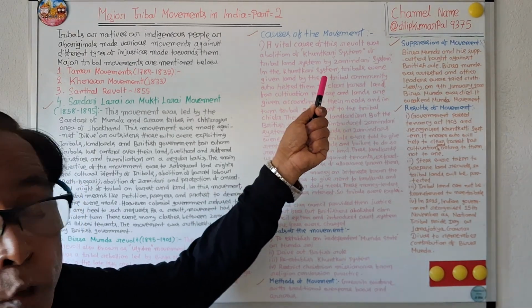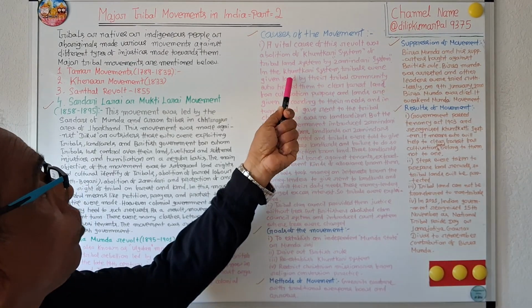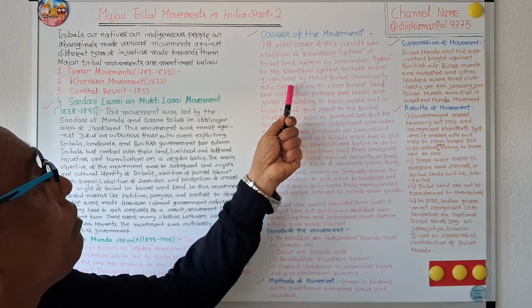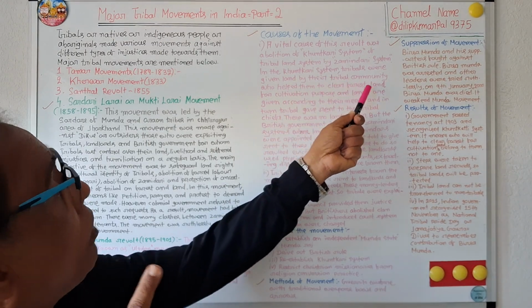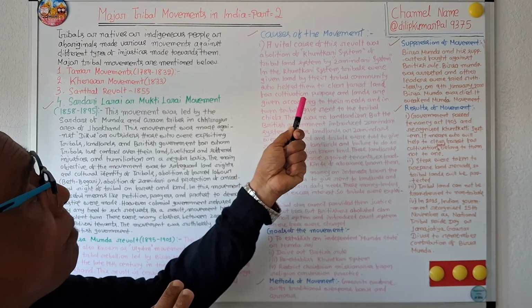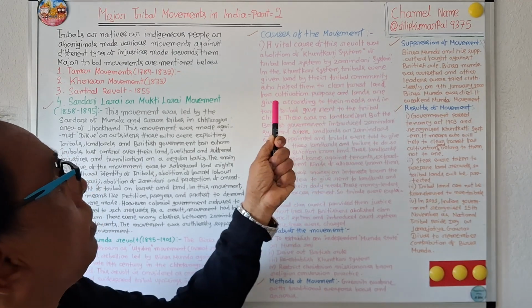So what is the Khuntkatti system? In this system, tribals were given cultivable land by their tribal community, who helped them clear forest land for cultivation.